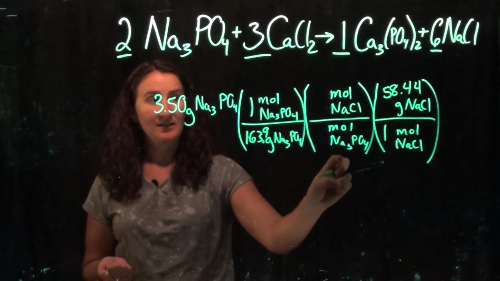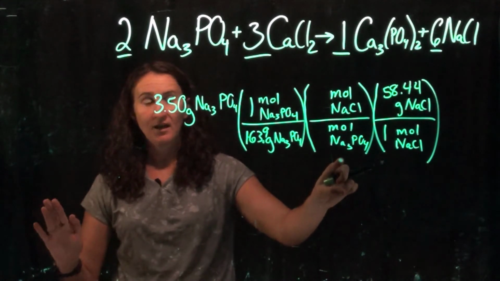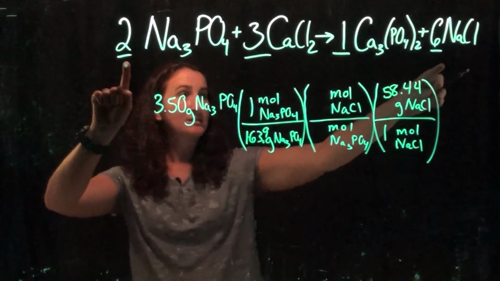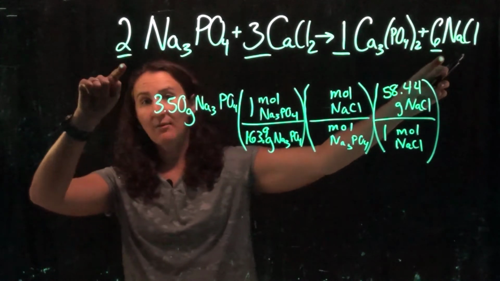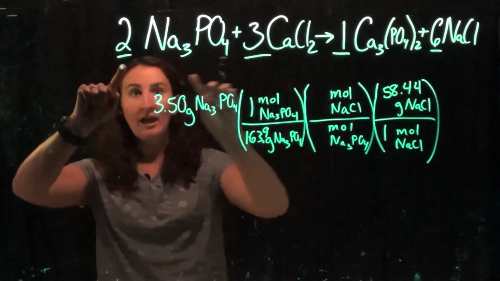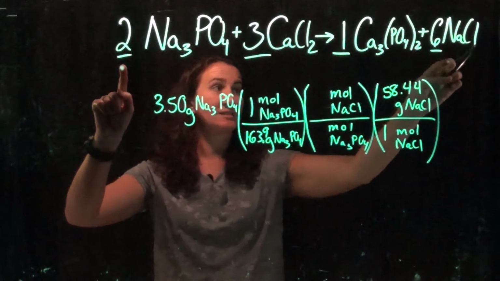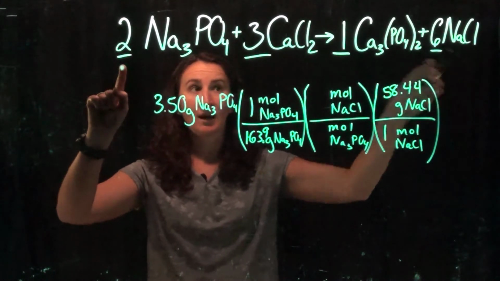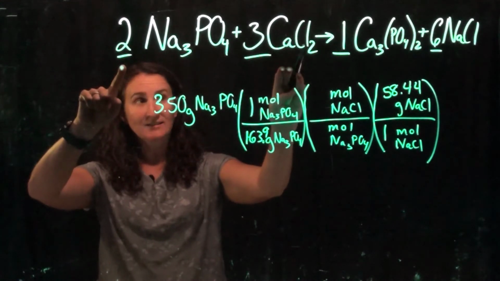So what about this then? What's going on here? This is our new conversion factor. And what it says is to go from here to here, we need to be able to use our coefficients to establish a molar ratio, meaning any 2 moles of sodium phosphate could be converted into 6 moles of sodium chloride, as long as you have enough of our calcium chloride. So this will be considered excess.